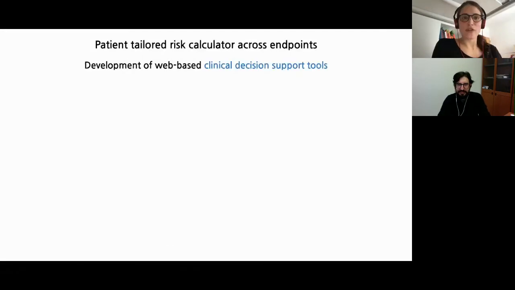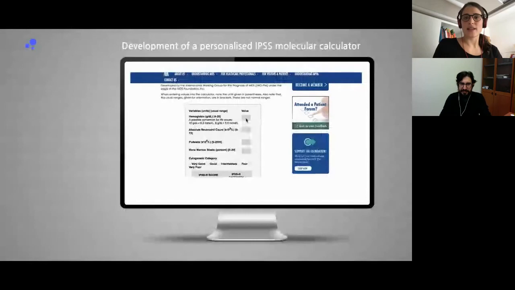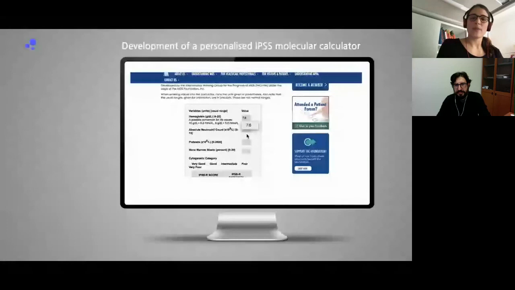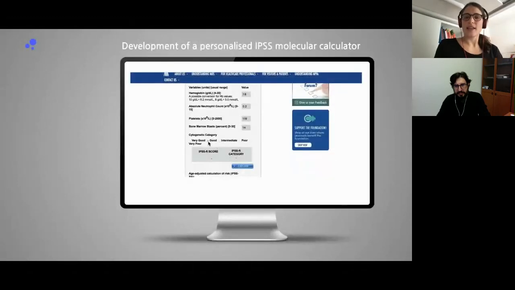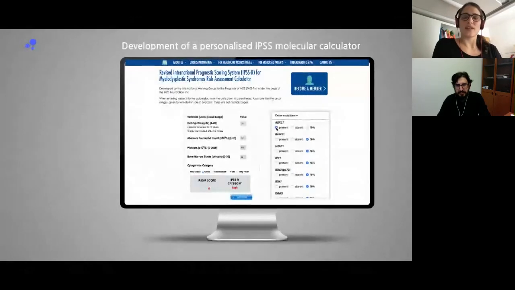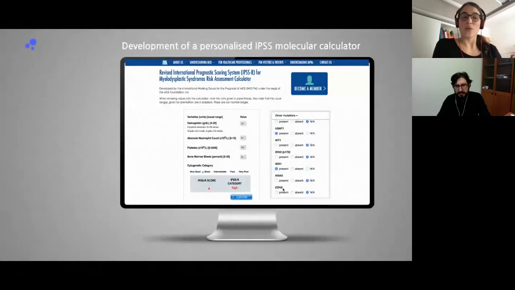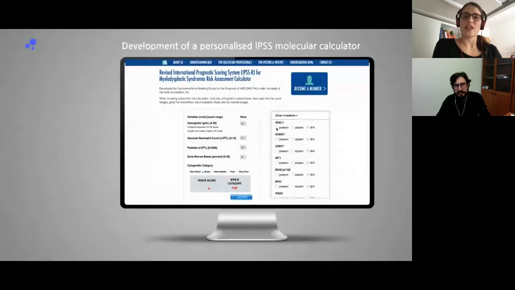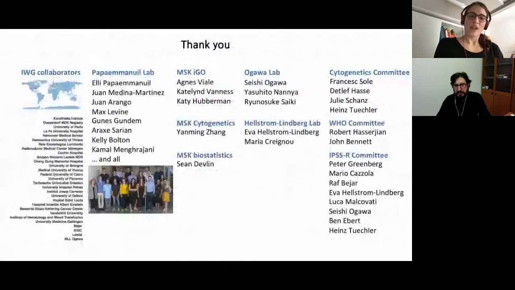So to conclude this part on personalized prognosis and patient-tailored risk estimates, we're working toward implementing a web-based calculator that will be hosted by the MDS Foundation, which already has an app with blood count features, hemoglobin, neutrophils, platelets, as well as cytogenetics. We're overlaying this with molecular features to provide a specific risk estimate per patient that includes their molecular profile, both for overall survival and AML transformation.